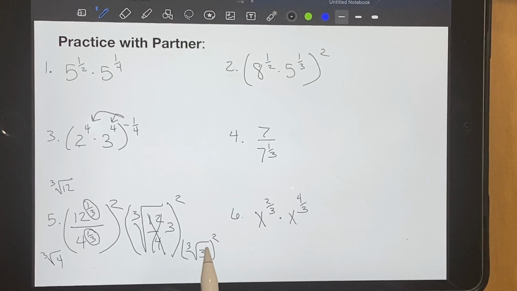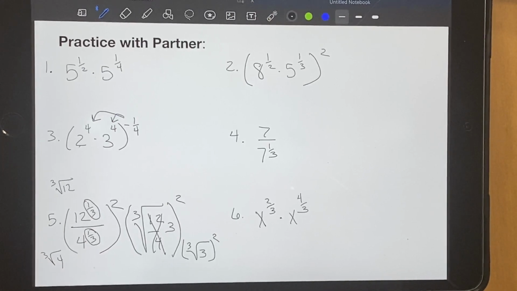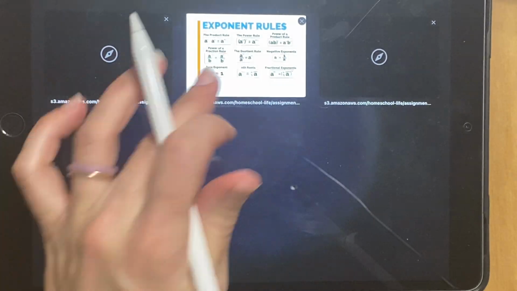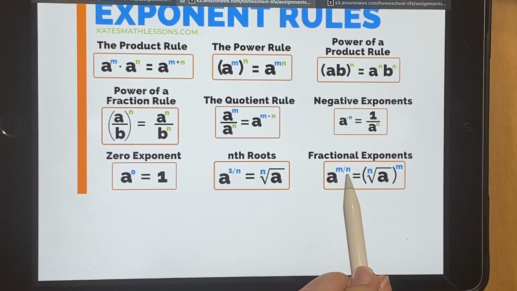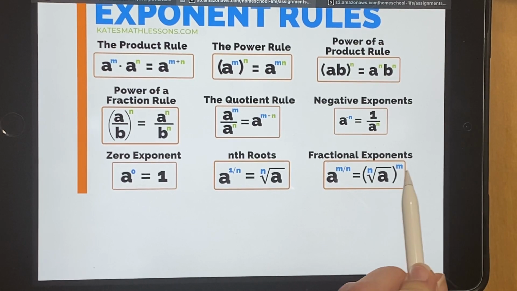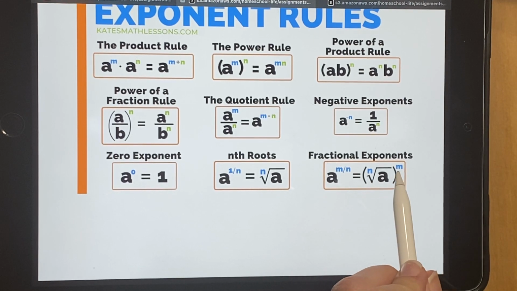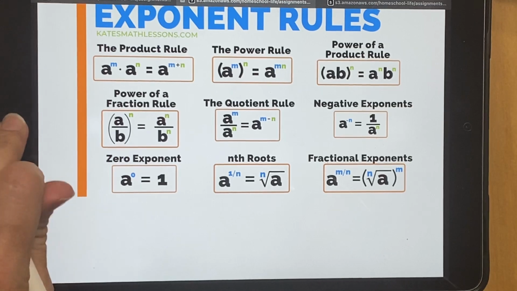Now, when we have this, it's important to note that often they will write it with fractional exponents. Let me pull that up again. For this fractional exponent, you see right here it has m over n, and then we've got our index, which is the denominator, and then our numerator is now this exponent on the outside of the parentheses.